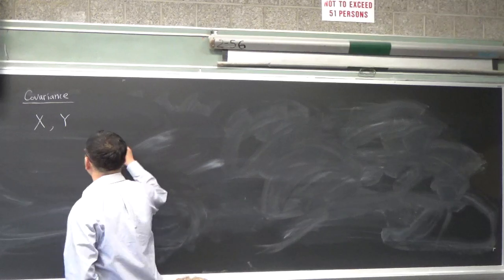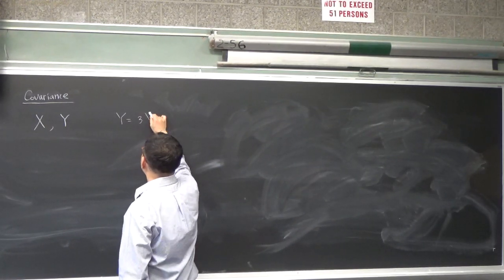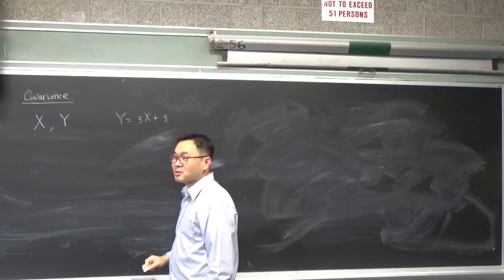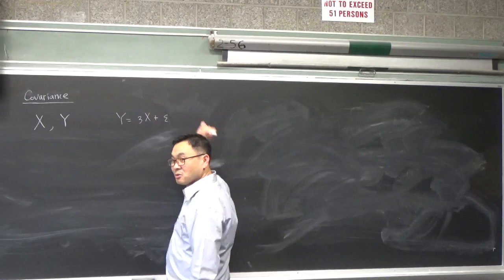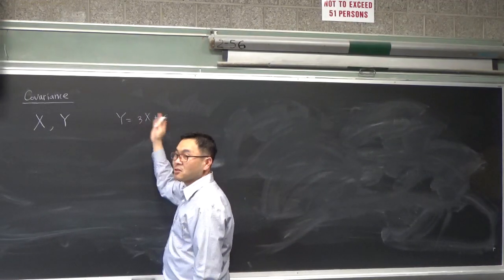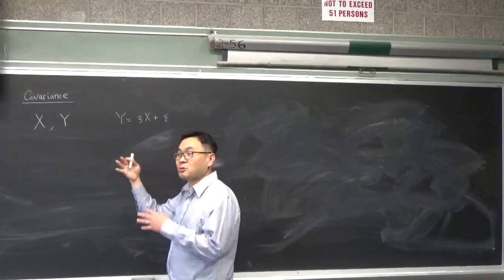For example, if y is like some number times x, plus another random Gaussian noise epsilon, where epsilon follows some normal distribution, then even with this noise, these two things will be somewhat related.